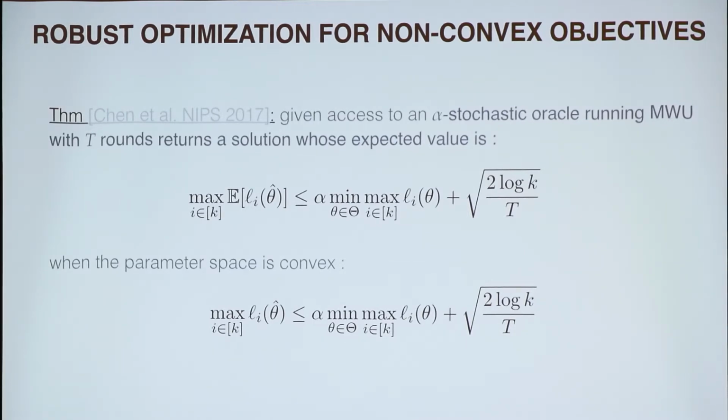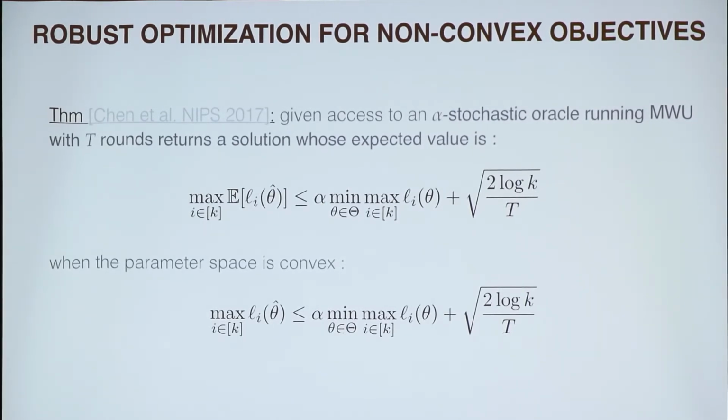Specifically, we can find a solution theta hat such that the maximum loss over these functions on this theta hat, in expectation, is no more than alpha times the optimal solution to the min-max, plus a little error of o(1) that goes to 0 as T goes to infinity. Does that make sense?